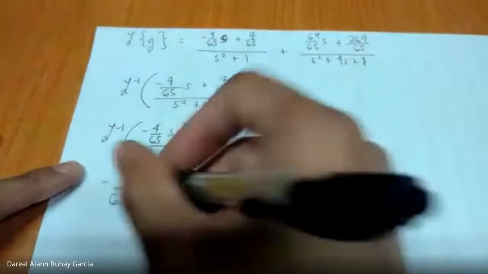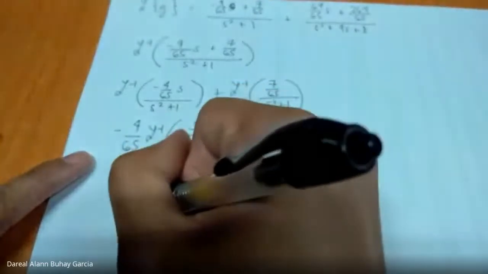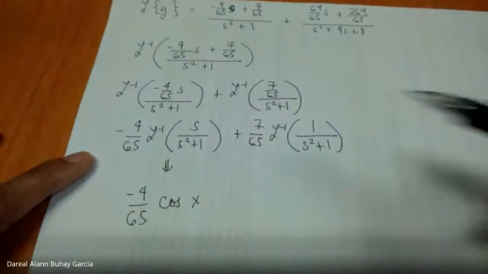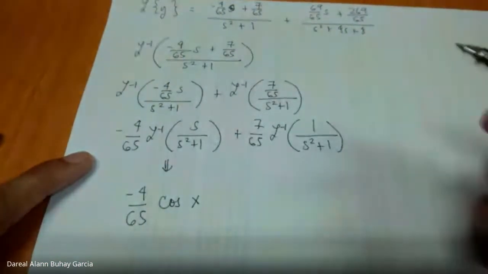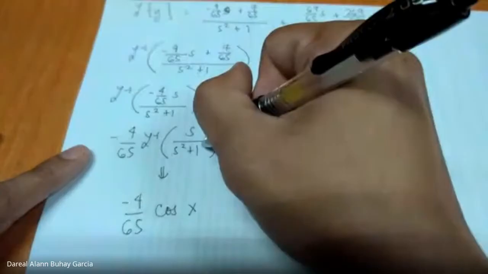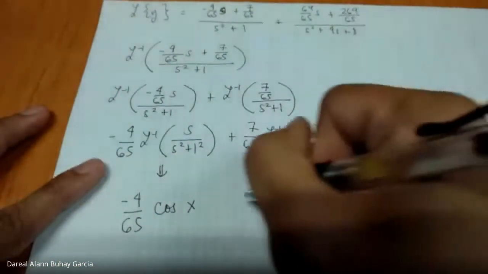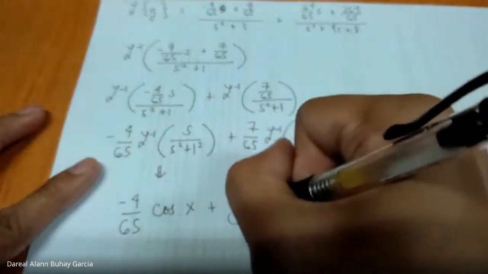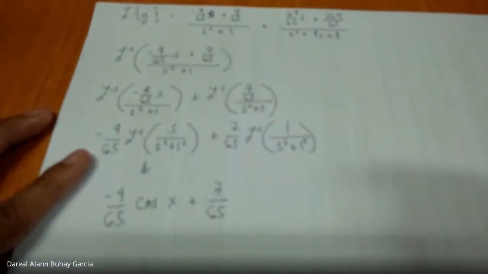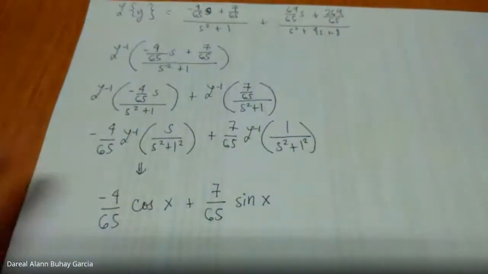So directly, this becomes negative 4 over 65 cosine x, because a is equal to 1, and 1 squared is 1, plus 7 over 65 sine x. And that's it. Okay?